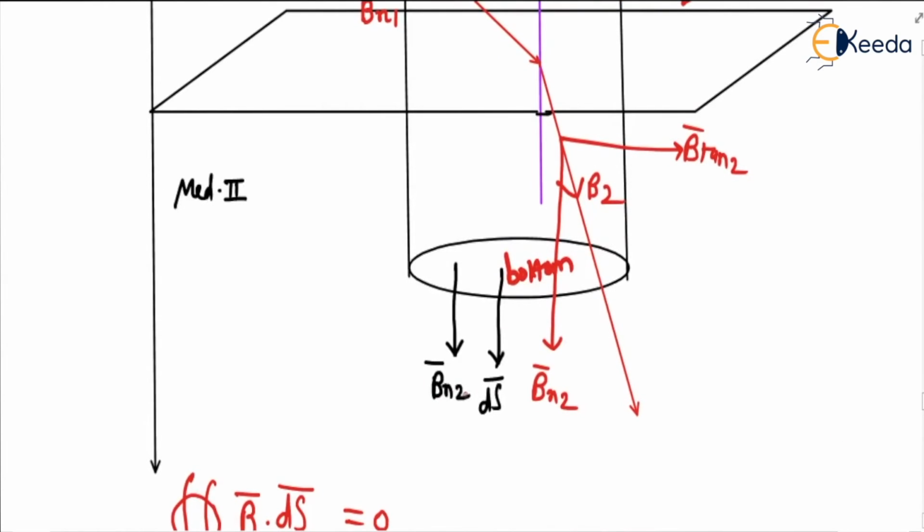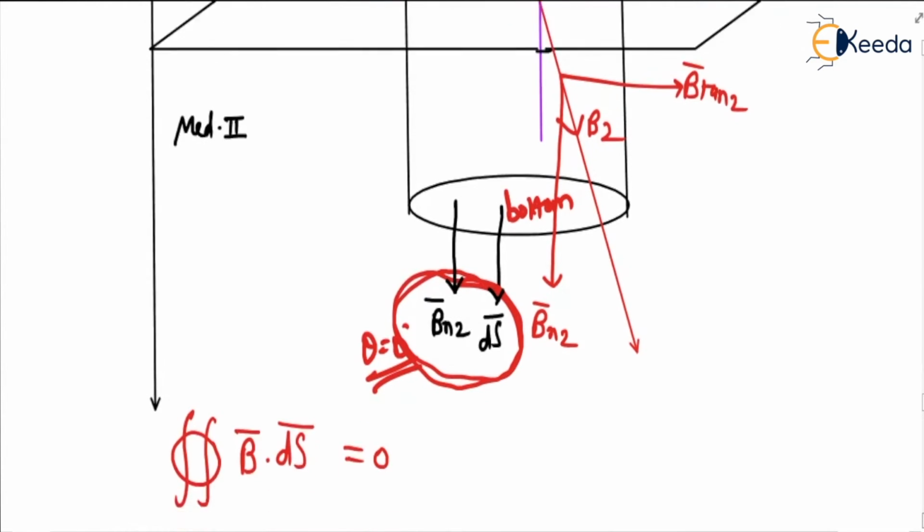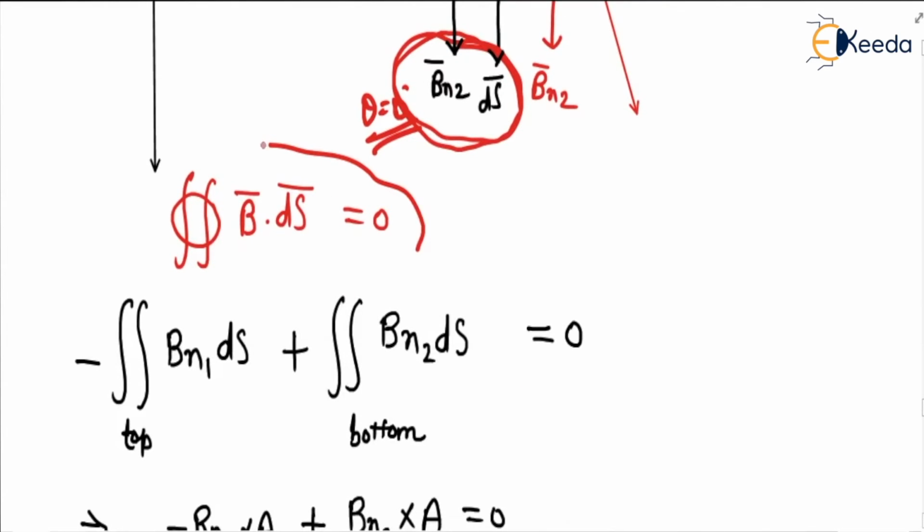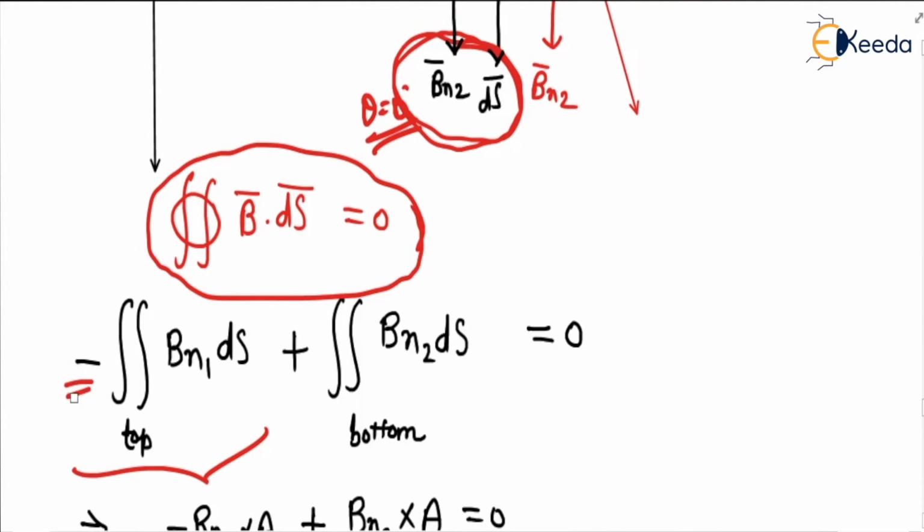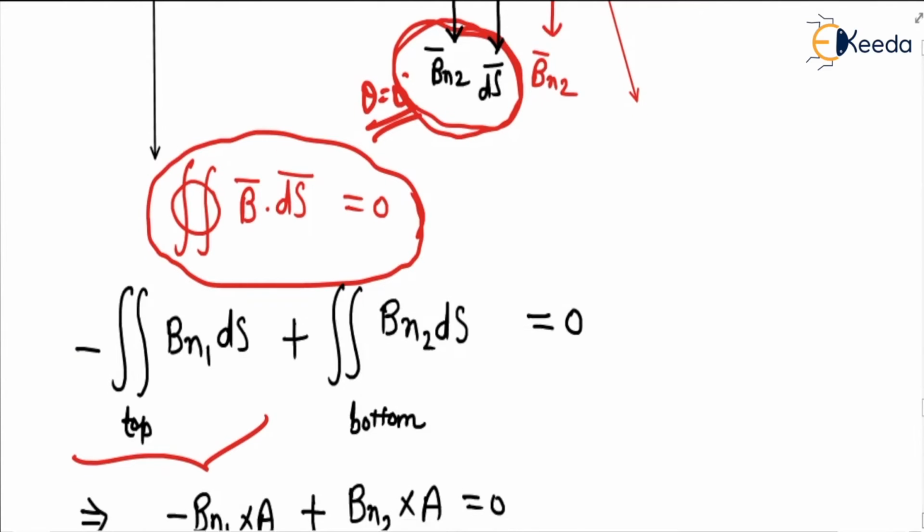Similarly, for the bottom surface, Bn2 and ds are in the same direction, so the angle is 0 degrees. So B vector dot ds vector is equal to 0. This is a Maxwell equation also. For the top surface a minus sign will come because theta is 180 degrees, and for the bottom surface there will be a plus sign.